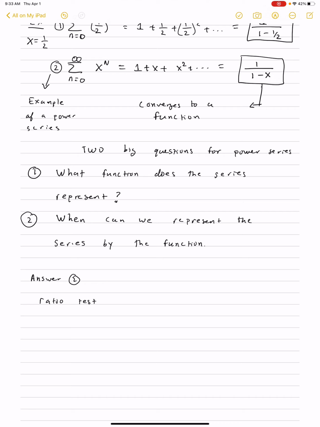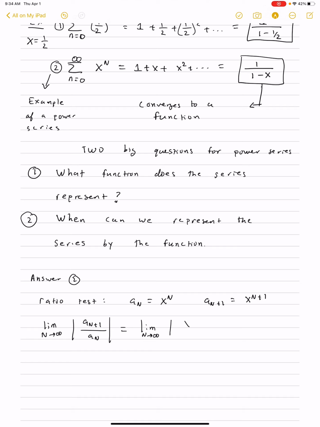Here, a sub n is just going to be x to the n. So a sub n plus 1 is going to be x to the n plus 1. And the ratio test says compute this limit as n goes to infinity of a sub n plus 1 over a sub n. Okay. Well, we plug that in.